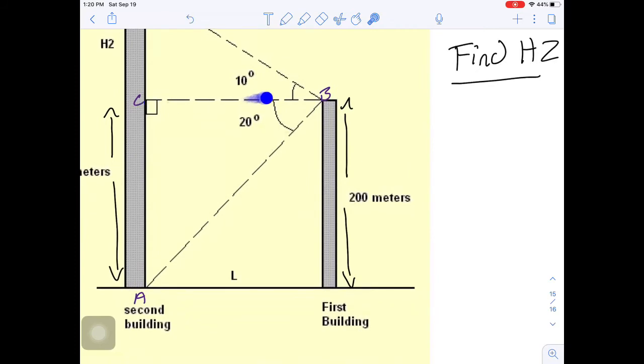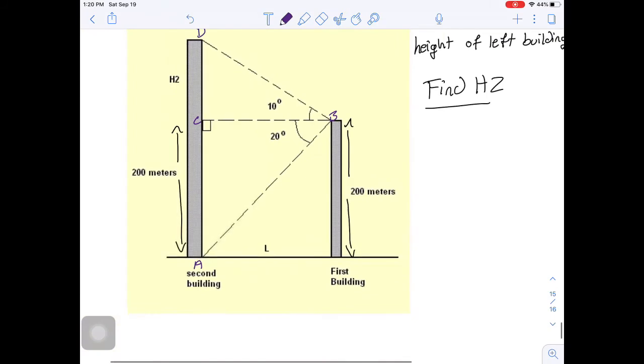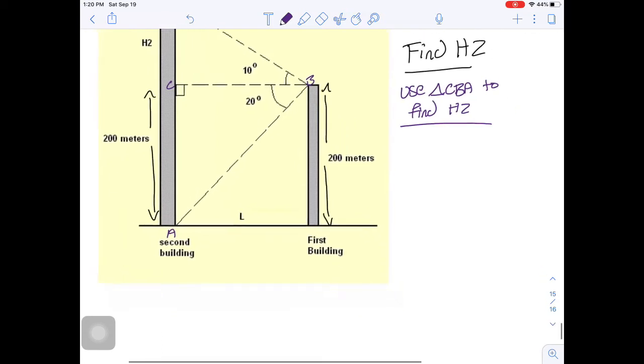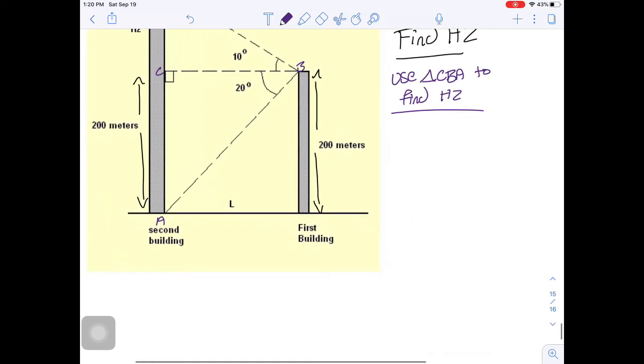Okay, so let's focus on triangle CBA. Use triangle CBA to find H2. If I draw out this triangle here, let's draw triangle CBA.